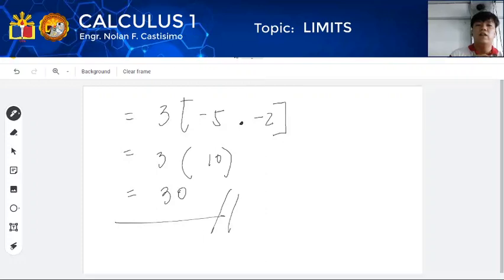Na-apply natin yung dalawang theorem. Yung constant multiple theorem, tama?